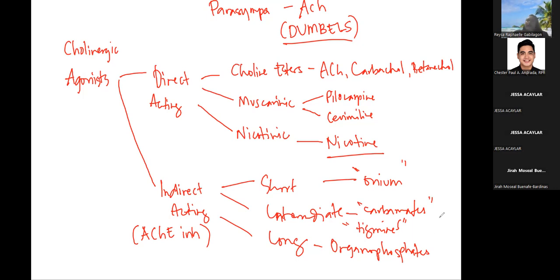By the way, if we have problems like toxicity with cholinergic agonists, our number one antidote will be atropine. Okay? But we have cholinesterase regenerator compounds like pralidoxime that can be used as an antidote, but let us remember that we're just going to use them at an early stage of poisoning, within 48 hours after the toxicity.